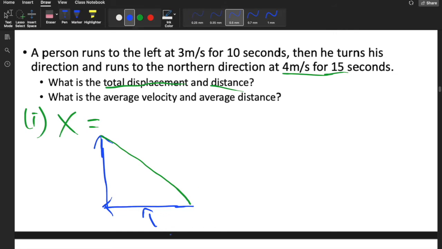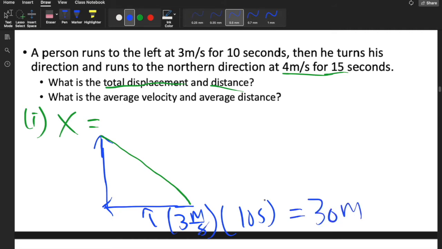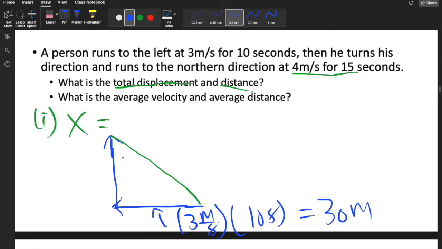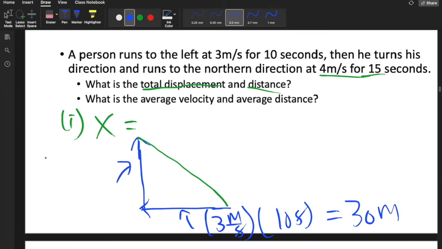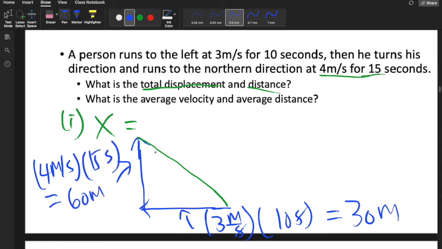So it will be 3 meters per second times 10 seconds, which is equal to 30 meters, right? Because the unit cancels. And then for here, similarly, it will be 4 meters per second times 15 seconds, which is equal to 60 meters, right?